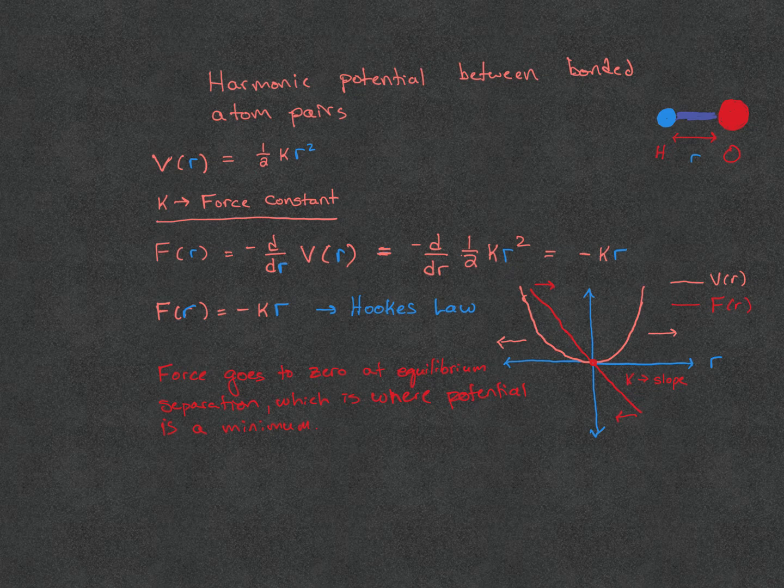This isn't really something that we could realize with the Coulomb potential, right? The Coulomb potential continued to decrease towards negative infinity. It never turned around, right? So there wasn't really a minimum in the Coulomb potential.